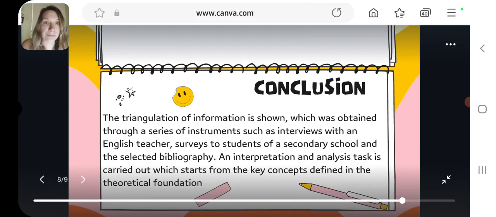the conclusion, where the triangulation of information is shown, which was obtained through a series of instruments such as interviews with an English teacher, surveys to students of a secondary school, and the selected bibliography. An interpretation and analysis task is carried out, which starts from the key concepts defined in the theoretical foundation.